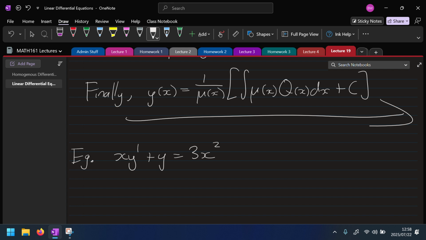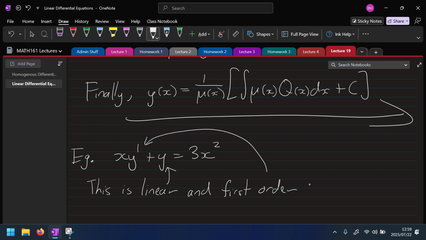It's first order because there's only y prime, so we can use an integrating factor.